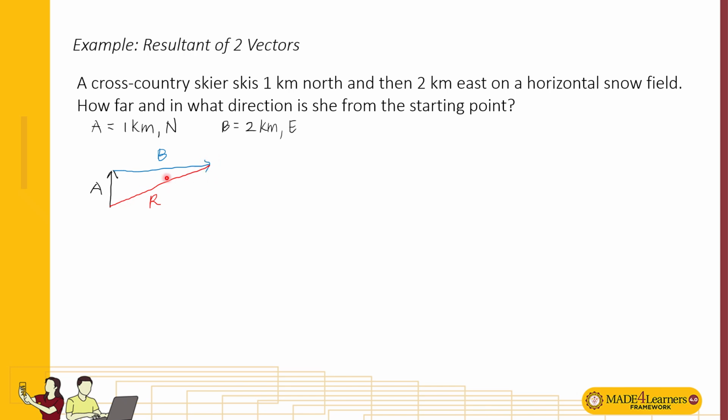A possible question would be, what direction is she from the last point, where she ended up after moving 2 kilometers east. But since we're asked the direction from the starting point, we need to measure the angle from here.